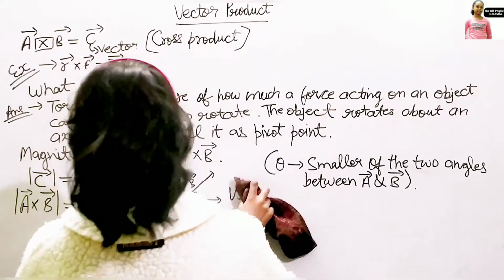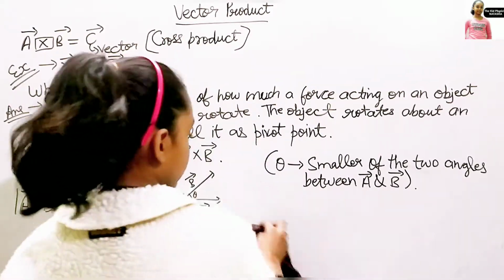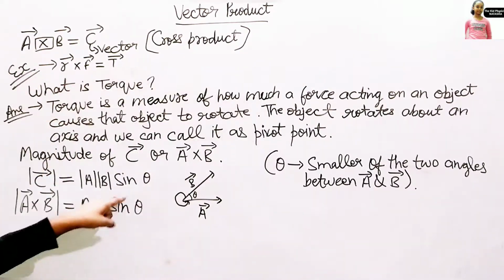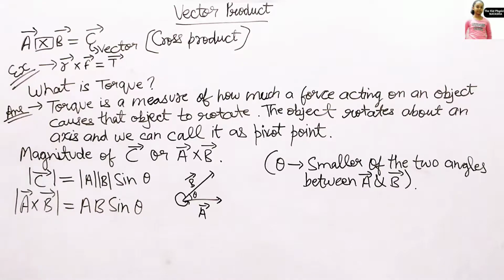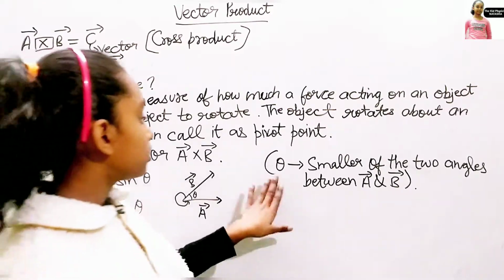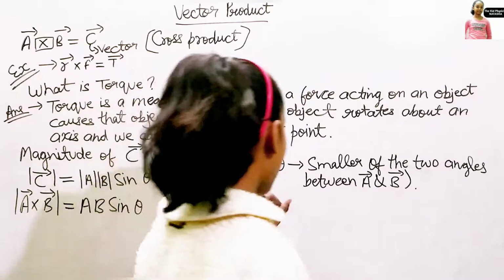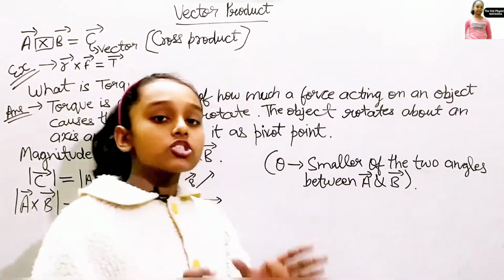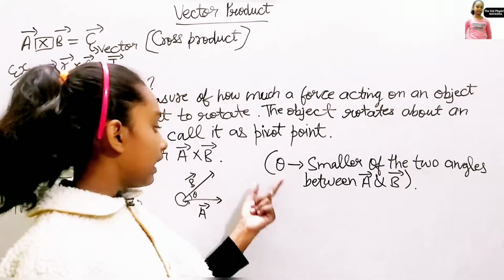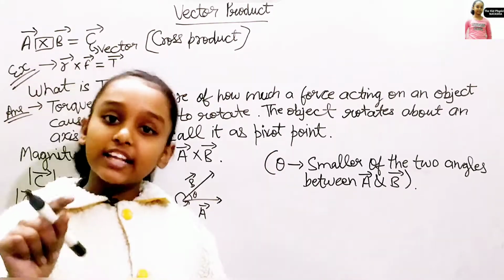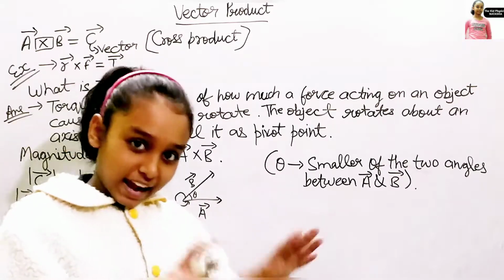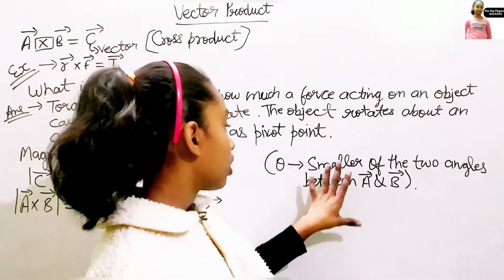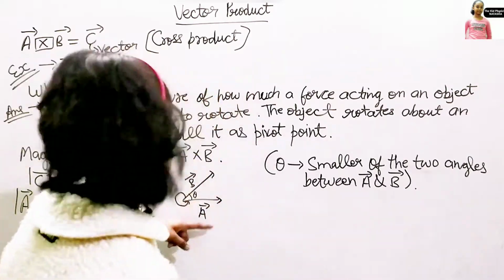So that's how sin theta comes. In simple language, in vector product sin theta will be used. Remember that in vector product, theta is the smaller of the two angles between vector A and vector B. It is still the angle between vector A and vector B, but it will mainly be the smaller of the two angles.